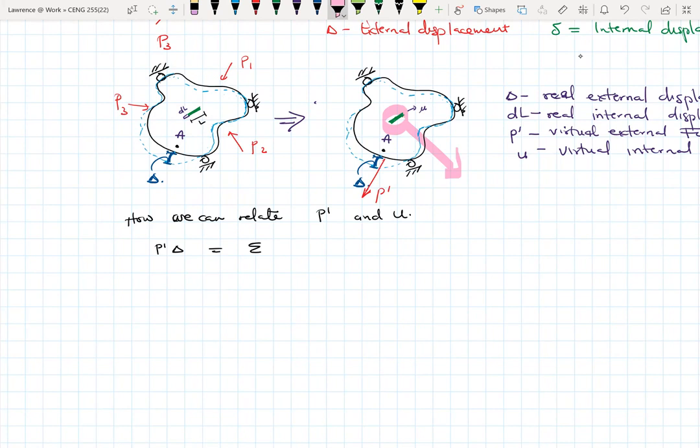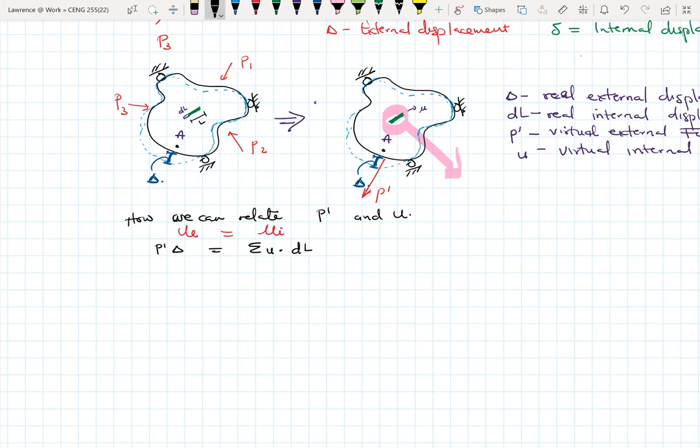So we can have many of these internal loads at different sections across the structure, so we need to sum everything up. So it looks like the external work done is equal to the internal work done.